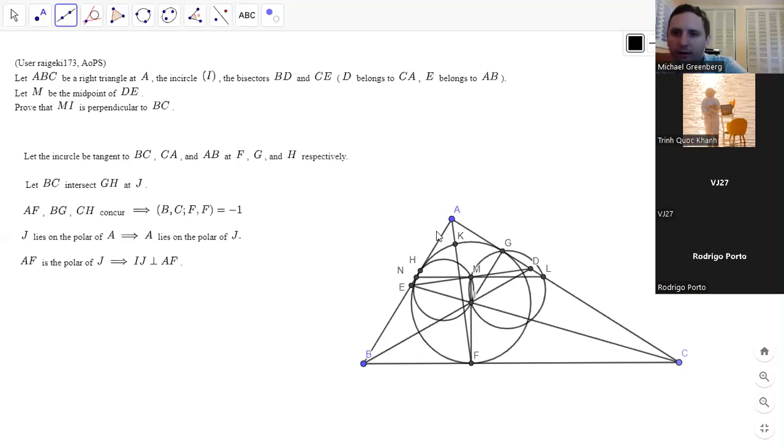IE over ID, sine EIM over sine DIM. So EIM you're saying is equal to CIF. Okay. Oh yeah, you just changed Q to M, or M to Q.